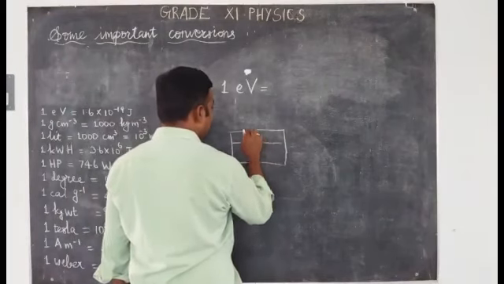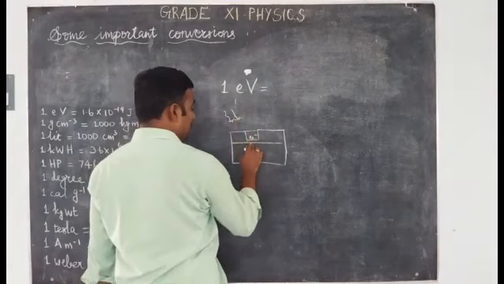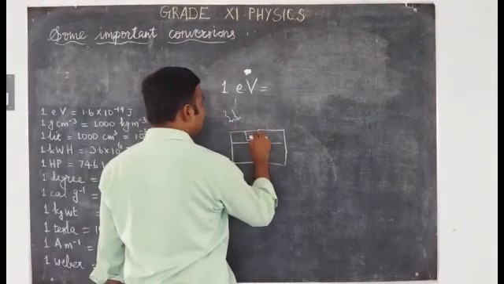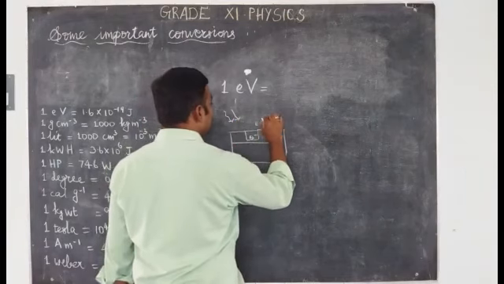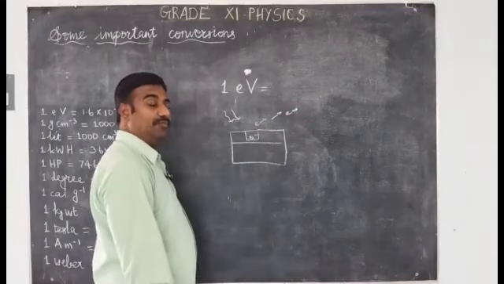Normally we need to remove a free electron from the metal surface. For that, some minimum amount of energy is given to the metal surface, so that the electrons are induced to escape out from the metal surface. Such electrons are called photoelectrons.